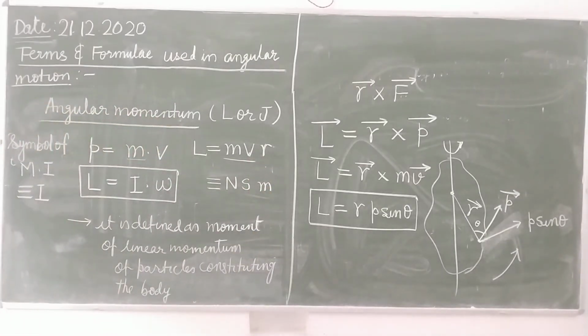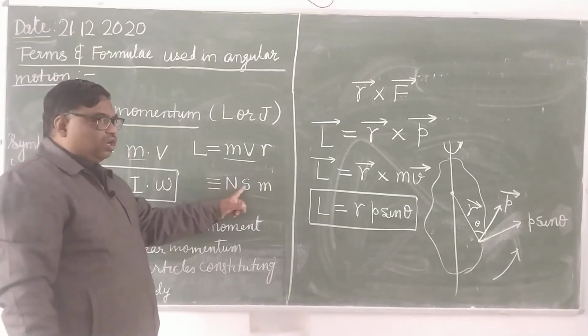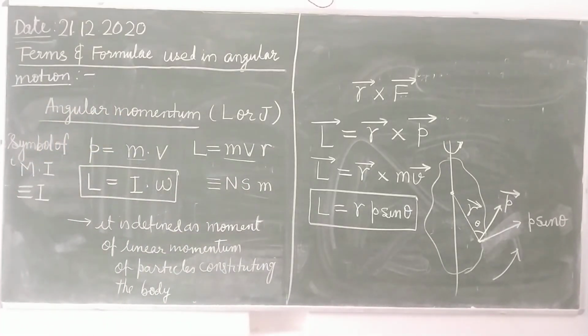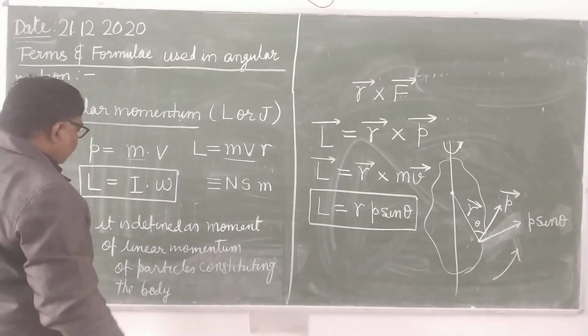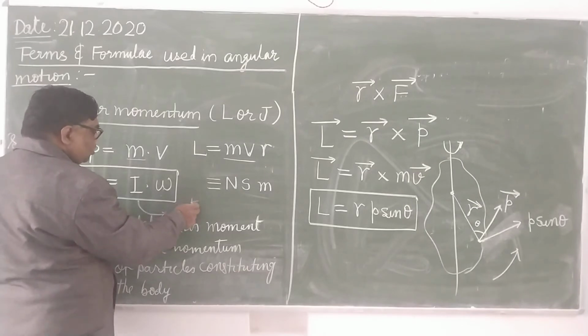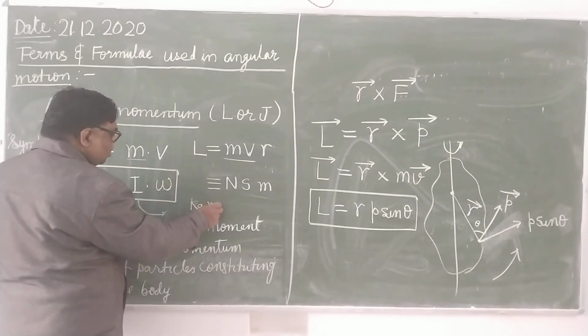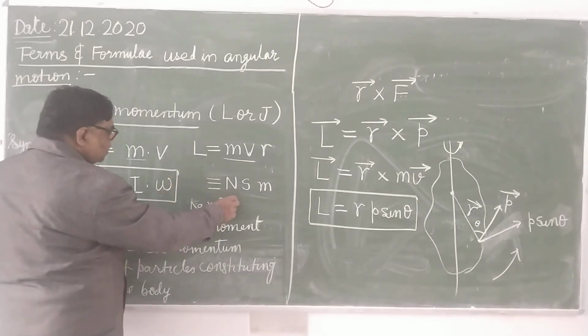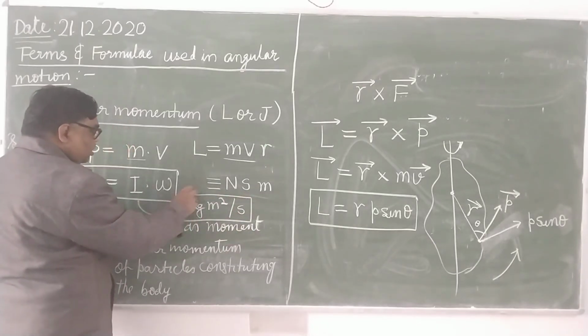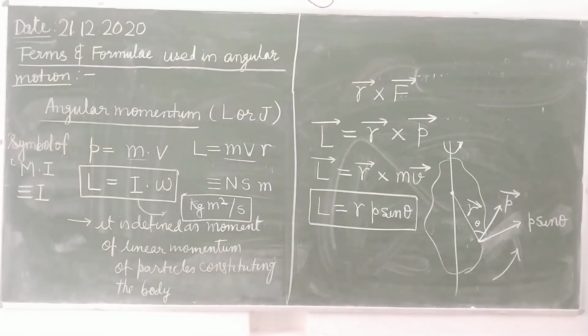This is the SI unit of angular momentum. Now you can make one more unit from here. What is the SI unit of moment of inertia? It is kilogram meter square, and omega is radian per second, so kilogram meter square per second. That is also one unit.